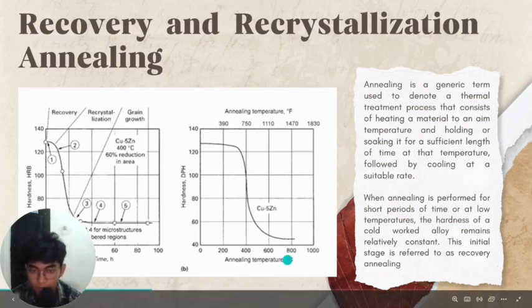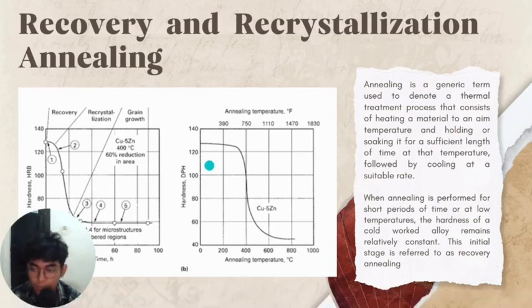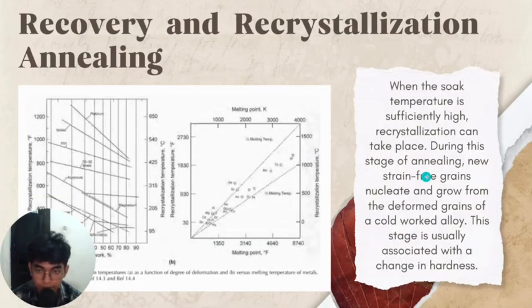And the other picture is the effect of annealing temperature at a fixed time of 15 minutes on the hardness of Cu5Zn solid solution alloy cold worked at 60%. Okay, we go to the next slide.